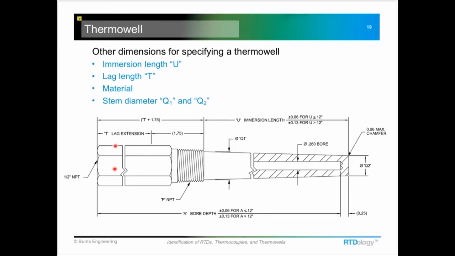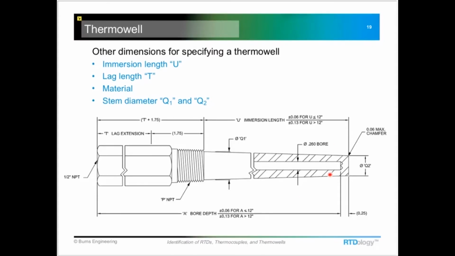And the other dimension is the lag extension, and that's usually indicated by the letter T. And the instrument connection thread, most of these are a 1/2-inch NPT. If it happens to be a metric, it might be like an M20 size. But these are the kind of the critical things to measure when you're trying to specify the Thermowell.